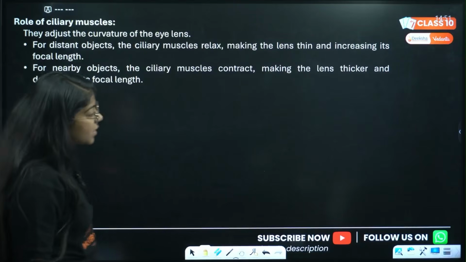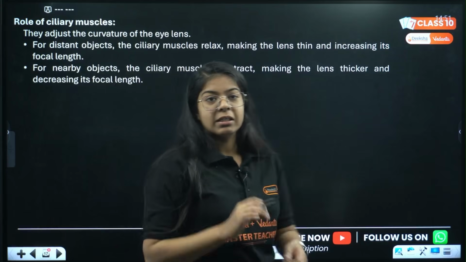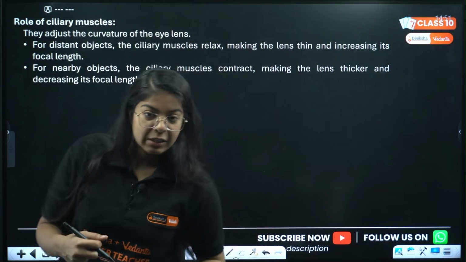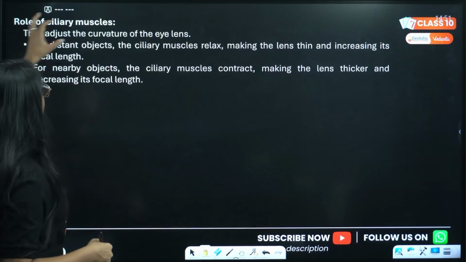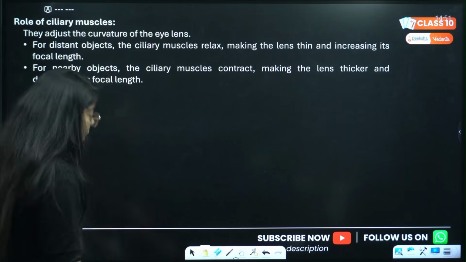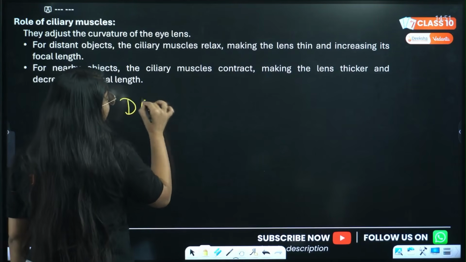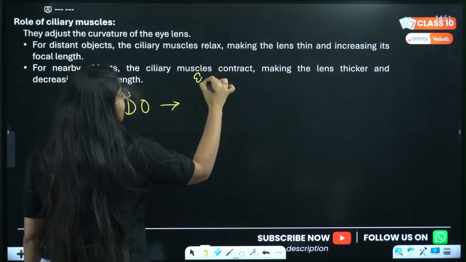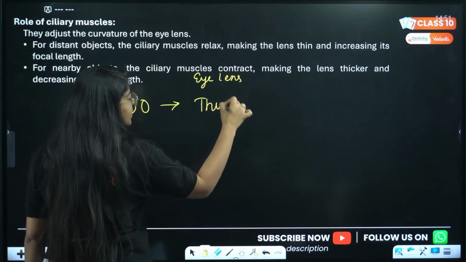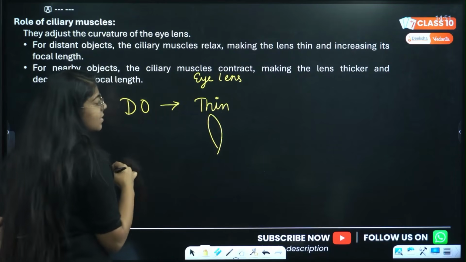Role of ciliary muscles. This is a very important topic, because they might ask you this. The role of ciliary muscles is to adjust the curvature of the eye lens. For distant objects, the eye lens becomes thin, something like this, right?